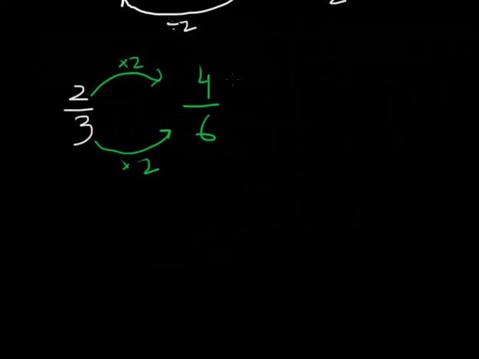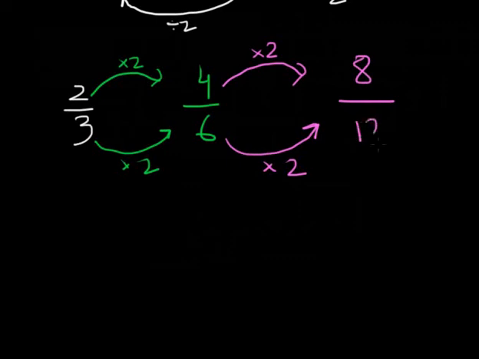Let's do multiplication again. To the numerator, let's multiply it by 2 again, and this denominator also by 2, and it will give us 8 by 12. And we can go on, and we can get as many equivalent fractions as we want.